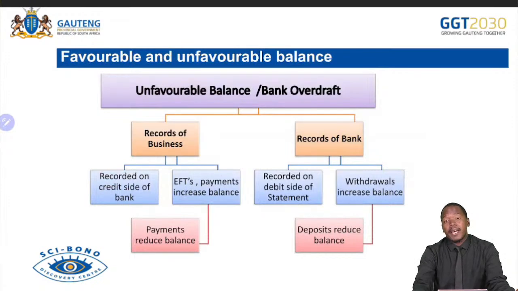Now, but then the bank will do the opposite of what we are doing, because an expense of someone is an income of someone. When we record on the debit side, the bank will record on the credit side. When we record on the credit side, the bank will record on the debit side. Now, the unfavorable balance in the bank statement, you will find it on the debit side, together with the withdrawals, the payments, EFTs, the debit orders, all of those.